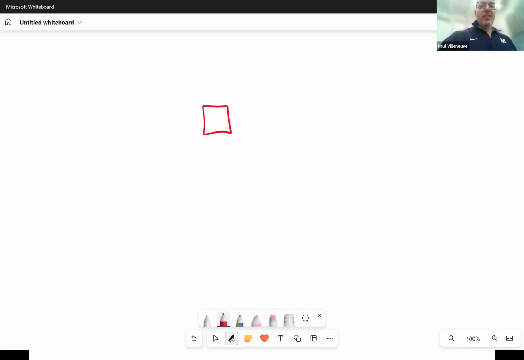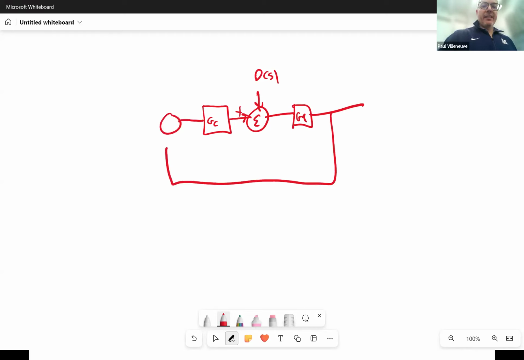So we have GC, this is our controller. This is our summing junction. This is plus plus, right? This is our disturbance. This is GP. This is fed back. This is plus to minus, right? This is a summer. And this is my error signal here, correct?